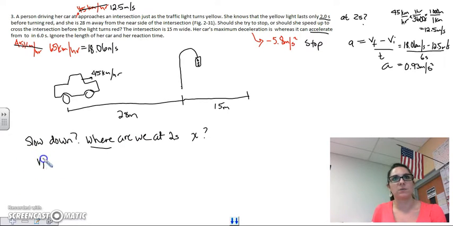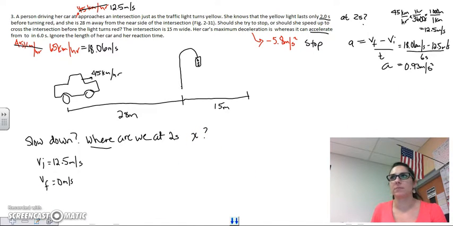Our initial velocity for slowing down is 12.5 meters per second. Our final velocity, if we come to a stop, will be 0. The time we have to do this, let's see. Actually, I'm going to take a step back here and even just say, where are we?